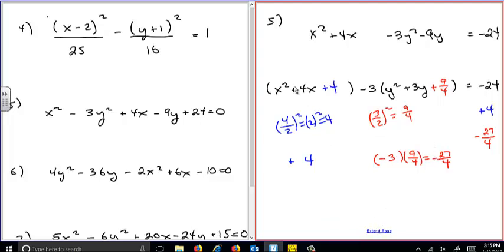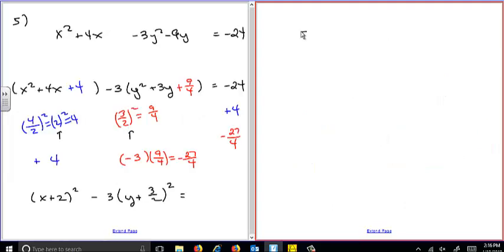Now, what we can do is rewrite these as perfect squares. So we have x plus 2 squared, just use 2 here, minus 3 times y plus 3 halves from here, squared, is equal to, so if we add all that stuff together, what do we have? We have negative 24 plus 4 minus 27/4. Multiply 24 by 4, we want to get those all in fourths.